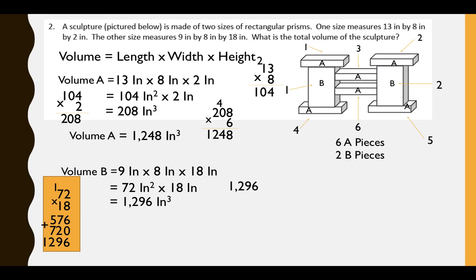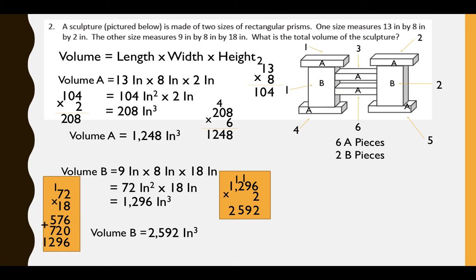So again, like before, I am going to take my original number of 1,296 and multiply it by 2. 6 times 2 is 12. 9 times 2 is 18, plus 1 is 19. 2 times 2 is 4, plus 1 is 5. And 2 times 1 is 2. So the total volume of all my B figures is going to be 2,592 inches cubed.